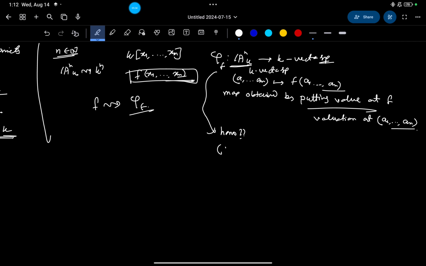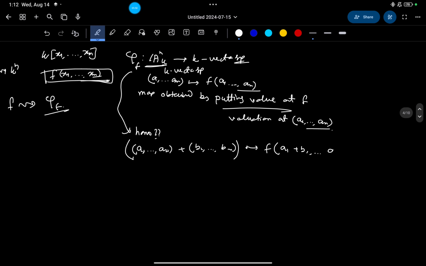You can always say that no, it is not, because if we take any (a1, ..., an) plus (b1, ..., bn), it may not always go to f(a1 plus b1, ..., an plus bn), but this may not be the same as f(a1, ..., an) plus f(b1, ..., bn).